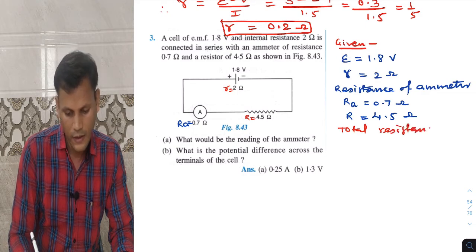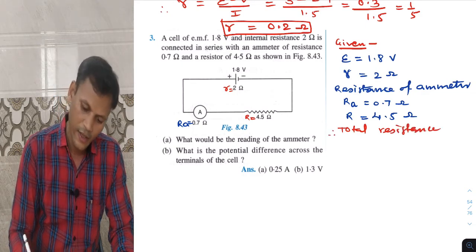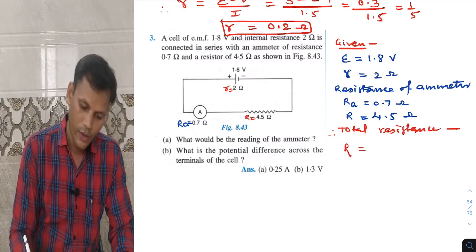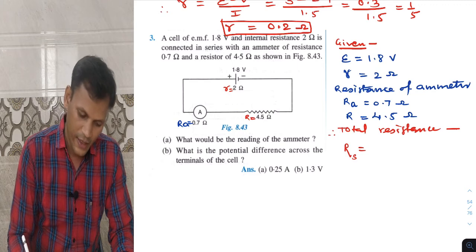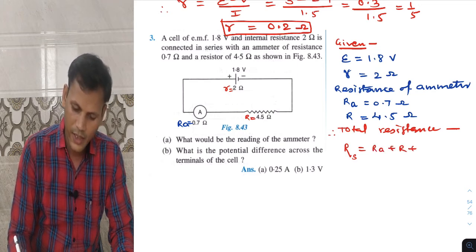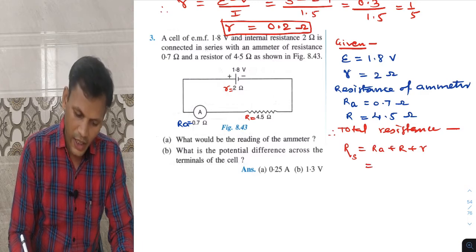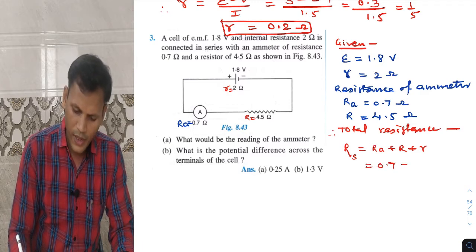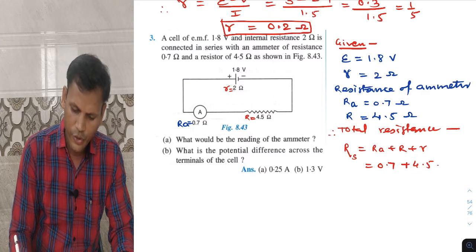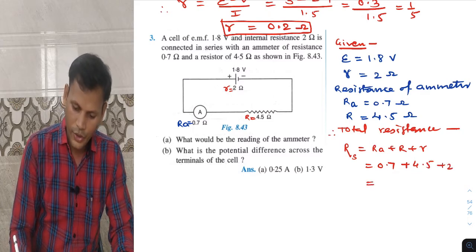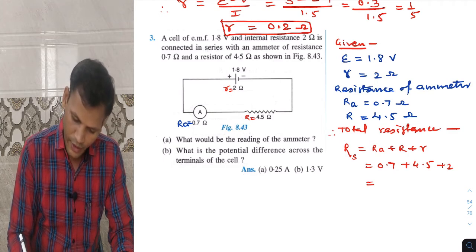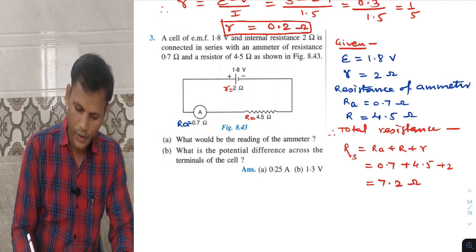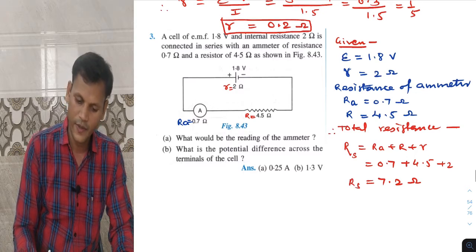Therefore, total resistance R S is equal to R A plus R plus small r, because all are in series. So R A is 0.7 plus 4.5 plus 2. 2, 4, 6 and 5, 7, 12. So 7.2 ohm. This becomes R S, the total resistance.